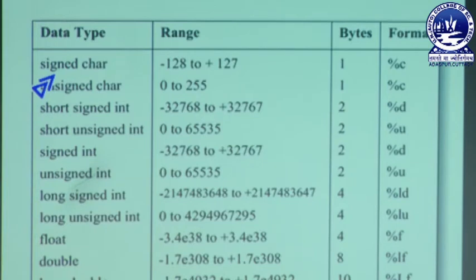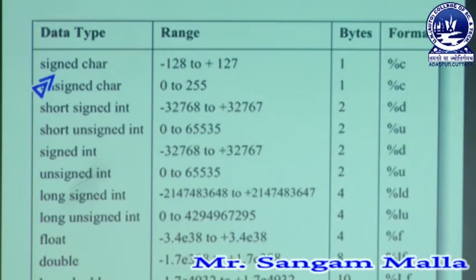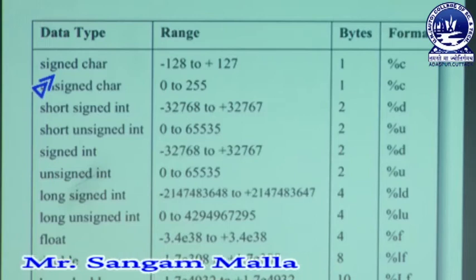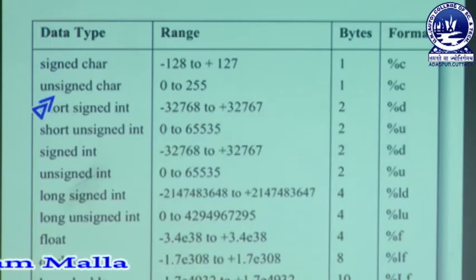You can go through the signed character and the range of each data type. So signed character has a range of minus 128 to 127. Similarly unsigned character will allocate more range, that is from 0 to 255. Next comes short signed int, that ranges from minus 32768 to 32767.